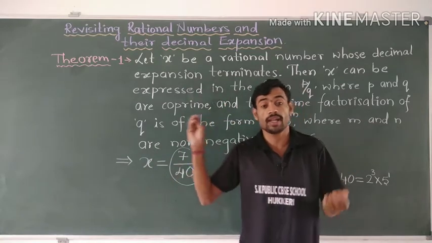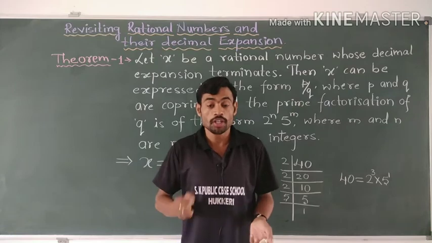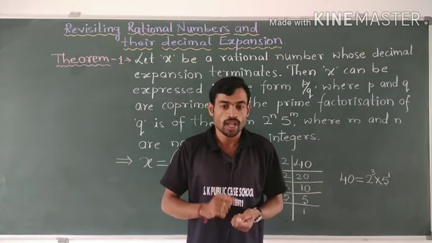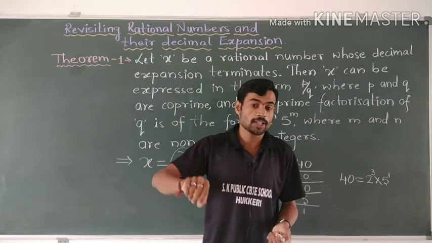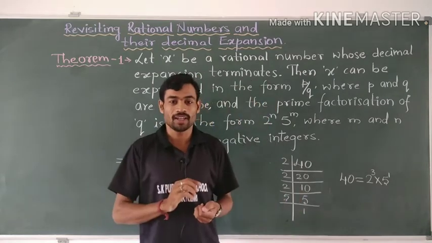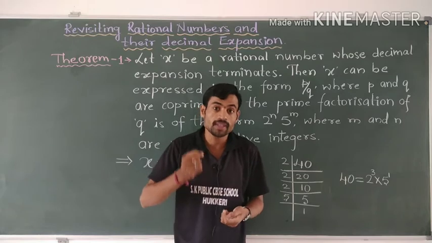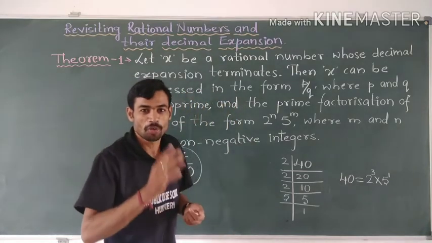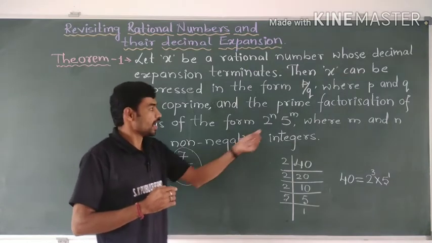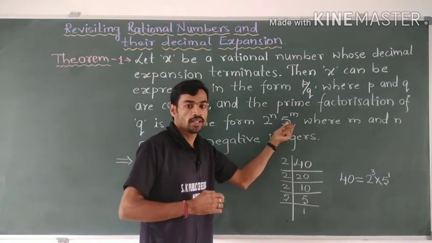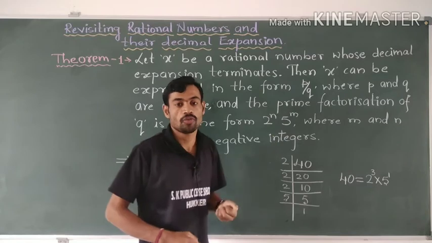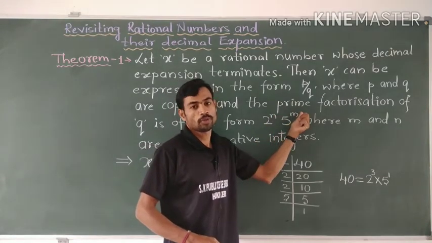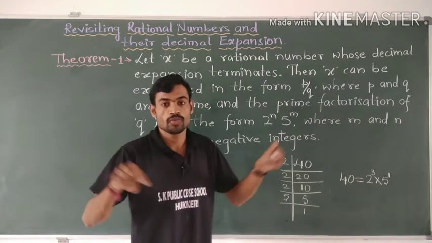Suppose they give in the exam this type of question: x is one rational number, and its decimal expansion is terminating. Then what will be the prime factorization of q, that is, the denominator q? At that time we have to write: the prime factorization of q is of the form 2 to the power n into 5 to the power m. So like this we need to write.